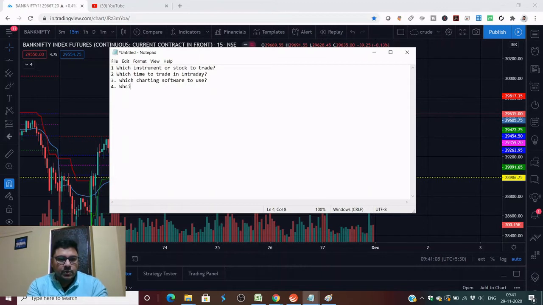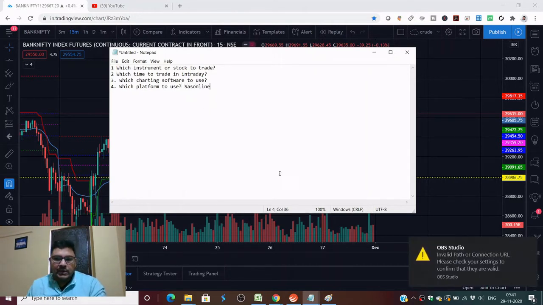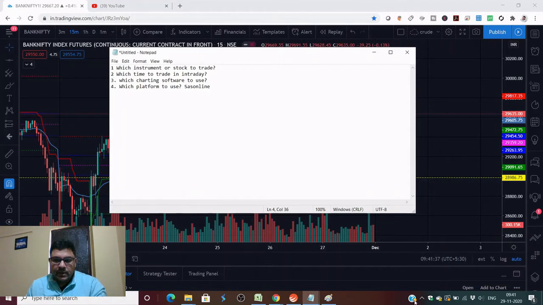Which platform to use? You can use platforms depending upon the style of trading you're doing. If you are a buyer, I would suggest that you go with SAS Online, where you have a monthly unlimited plan at 999, or you can go with Zebu, which gives you intraday leverage.